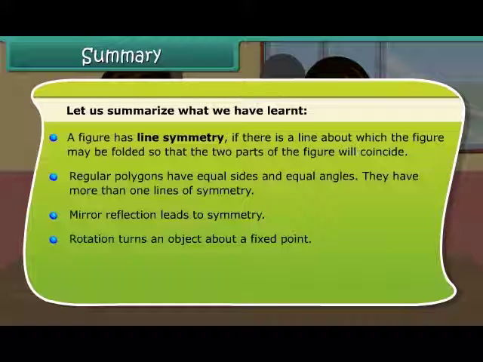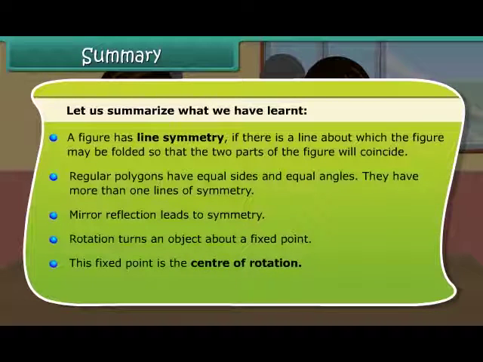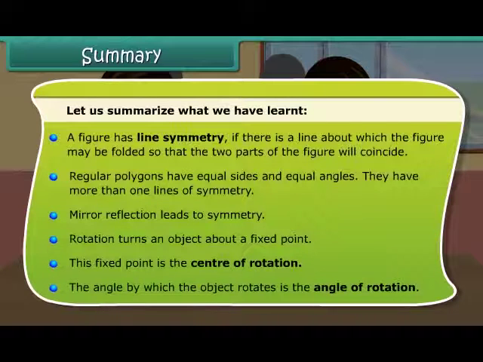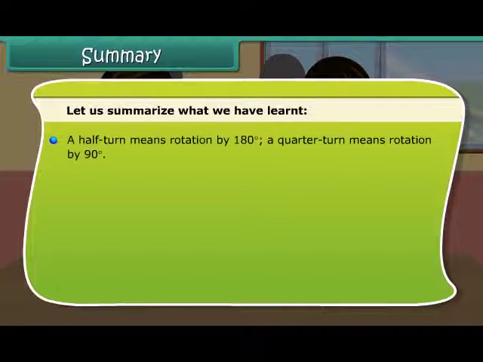Rotation turns an object about a fixed point. This fixed point is the center of rotation. The angle by which the object rotates is the angle of rotation. A half turn means rotation by 180 degrees. A quarter turn means rotation by 90 degrees.